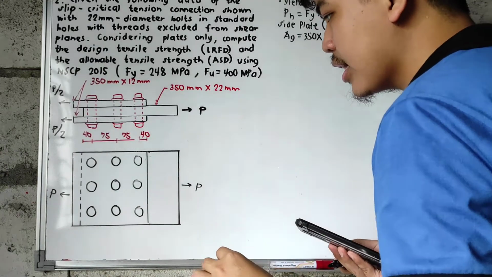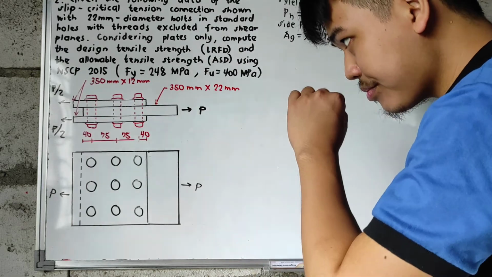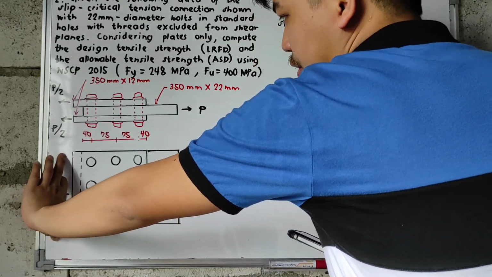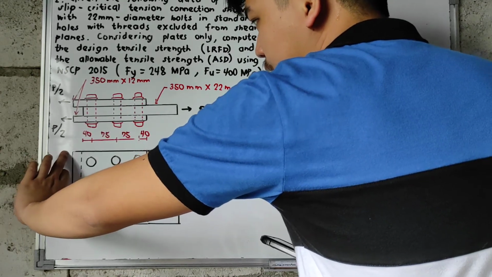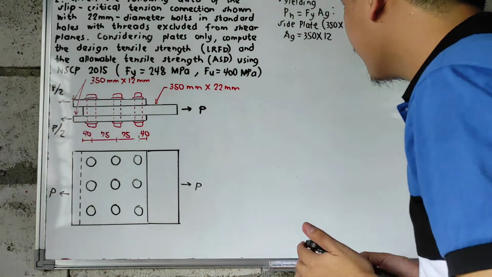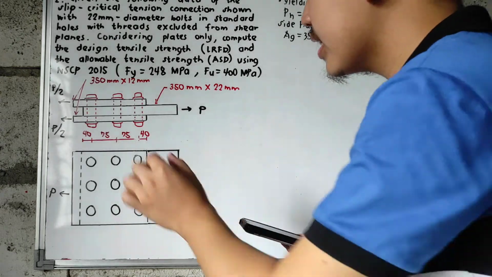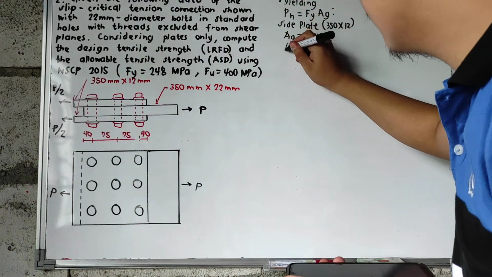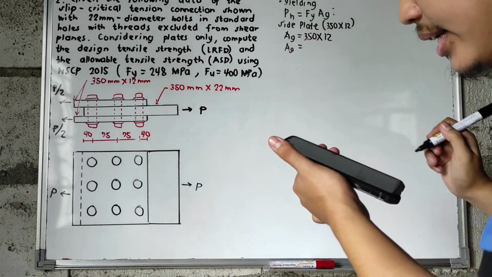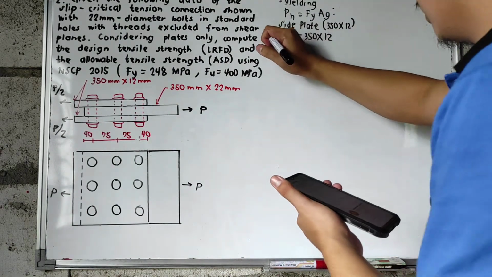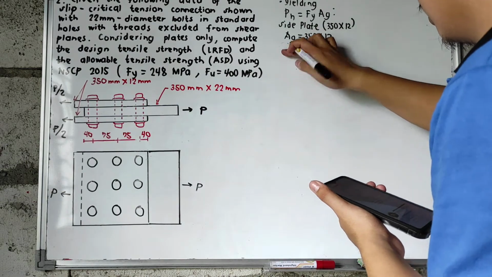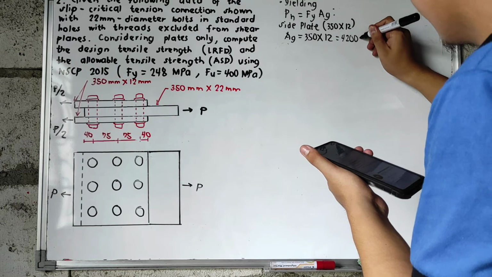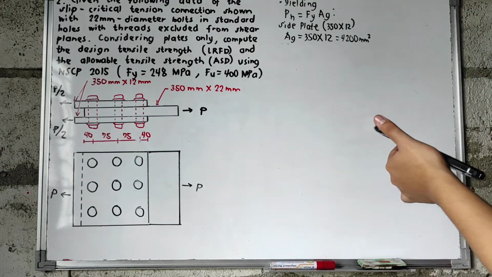Kasi yung 350 na tinutukoy natin dito is eto. So, yung plate natin, yung width niya, that is 350. Tapos, yung thickness naman niya, that is equal to 12 mm. So, the value of your gross area is now equal to 4,200 square millimeter.